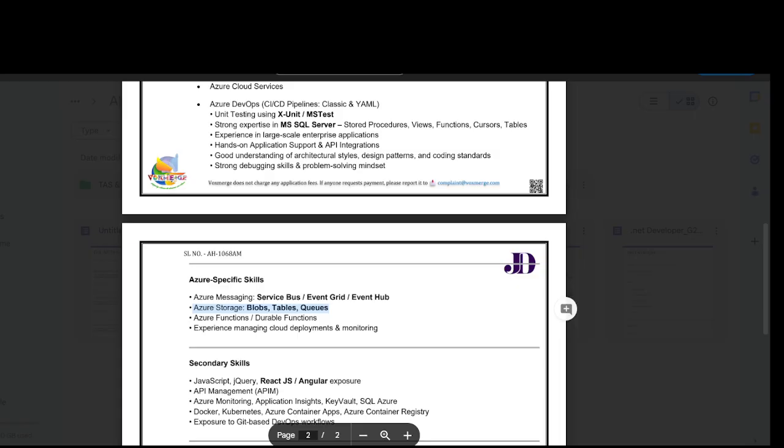Azure is a cloud-based system that Microsoft offers to maintain all those activities. A developer with Azure experience understands the real-world infrastructure, how the execution will happen. That's why there is a requirement for the Microsoft Azure cloud system.